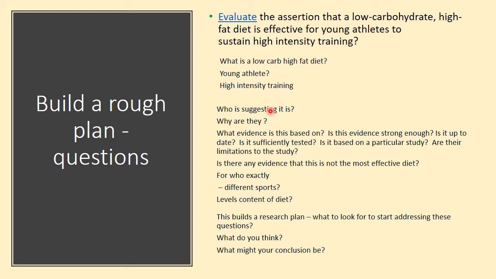Is this suggested by just one certain set of researchers working in a small field related to a small sporting area? Why are they suggesting it? Are they suggesting this because there's evidence to show that if young athletes don't eat this sort of diet, they suffer some problems further down the line? And we're evaluating, we're thinking now already, this is what I'm going to have to think about when I start reading things. This is what I need to look for.